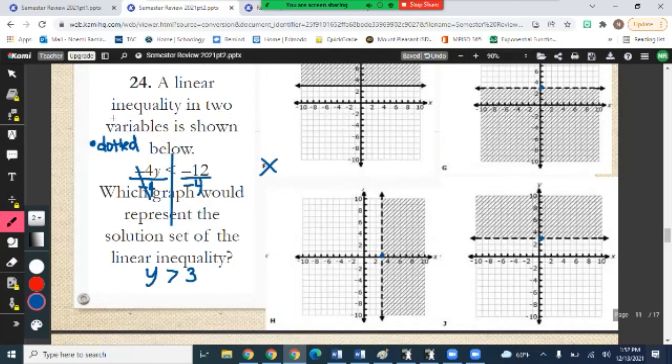I still cannot eliminate anything. The name of this inequality is now what? It's greater. So if it's greater, it's going to be shaded which way? Above. Now, G is shaded below, J is shaded above, H is technically shaded above, okay?